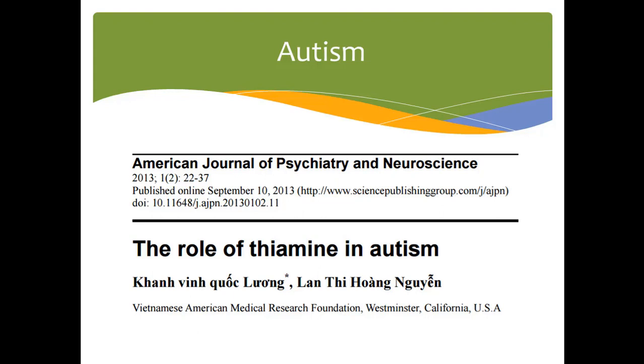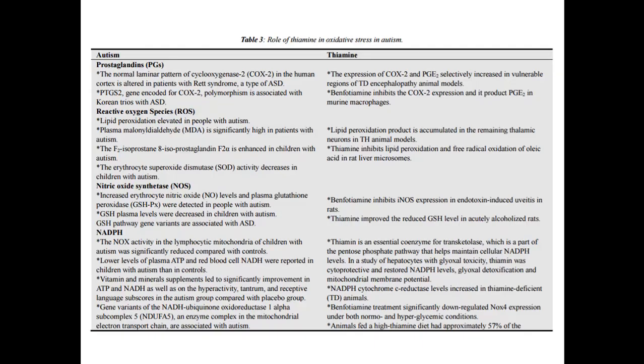There is a role because of the importance of thiamine in the brain. And this can happen in young children. One of the tables from this article, there's a lot of information here. I'm not going to go over it specifically. One of the areas they talk about is oxidative stress. It's been well established that oxidative stress is a factor in autism.